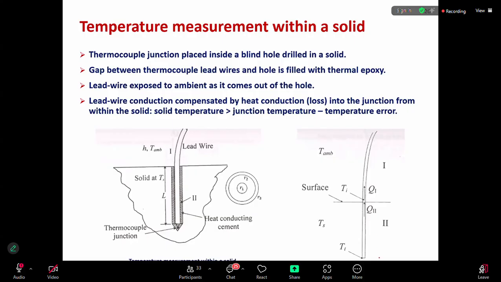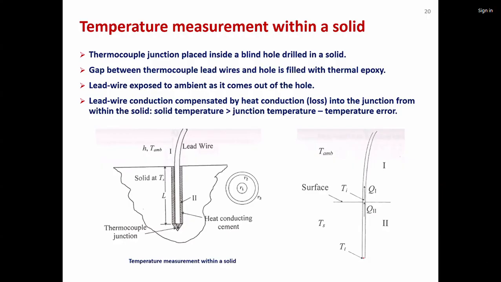So you can see that this is the temperature of the solid. This is the temperature of the tip. Heat is basically conducted. You divide this into two regions. Region 2, which is buried inside the solid.